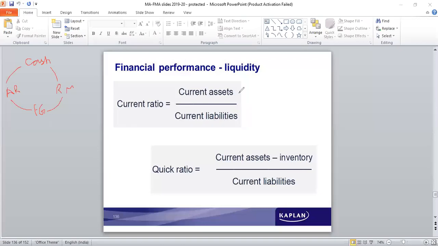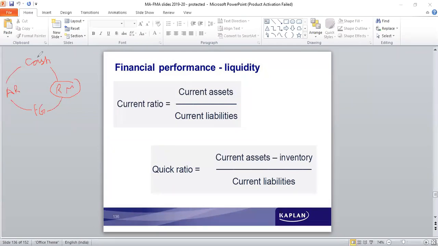All these things are part of current assets. Out of this, inventory is not a very quick asset, because it has to get converted into finished goods, sold as credit sales, and so on. It gets converted in a period of 1 year, but it is not very quick in nature. It would not get converted very easily.